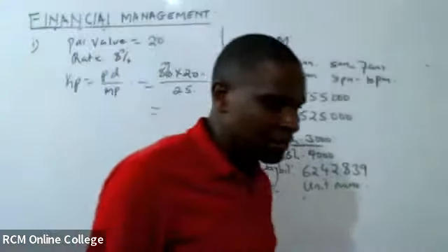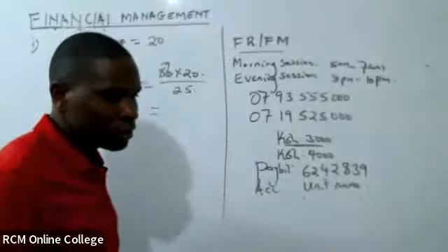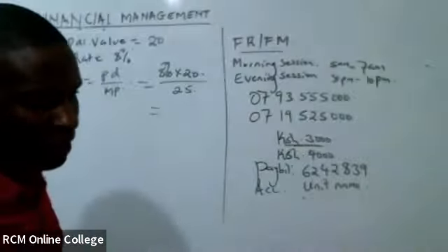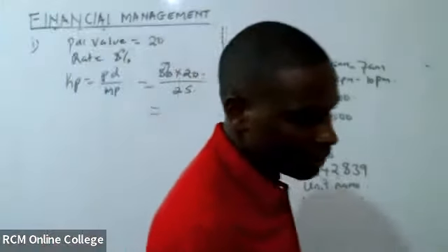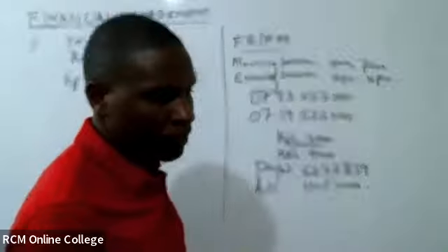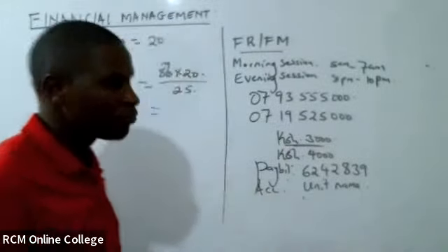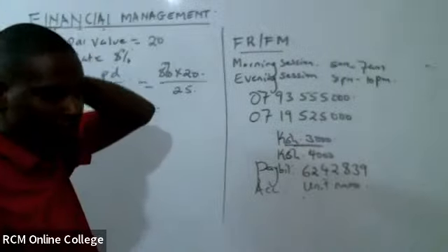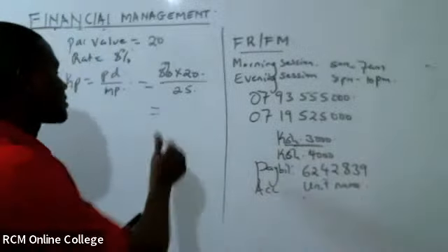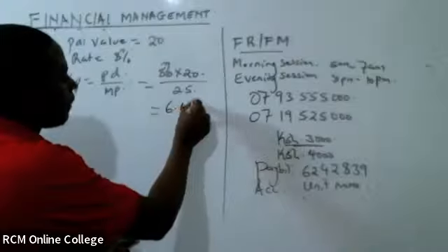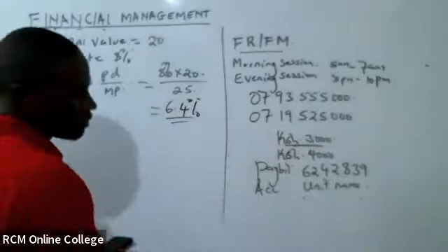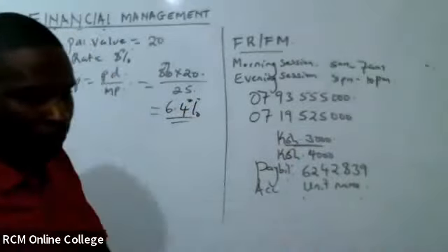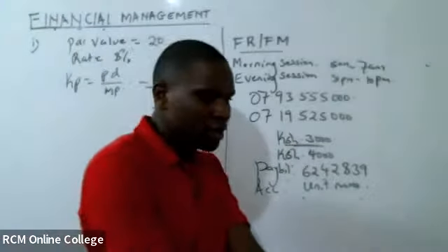So Shiro, Robinson, can you now confirm whether you're getting 6.4? So 8% of 20 divided by that. Great. 6.4%. Good. So Shiro, I hope now you're okay.